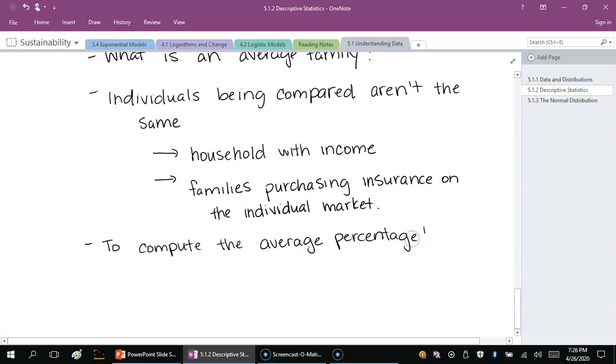I mean, the question that they're trying to answer of how much the average family, whatever that means, is spending on health insurance is a good question to look into, but you can't get it this way. To compute the average percentage, you can't look at the percentages for the averages.